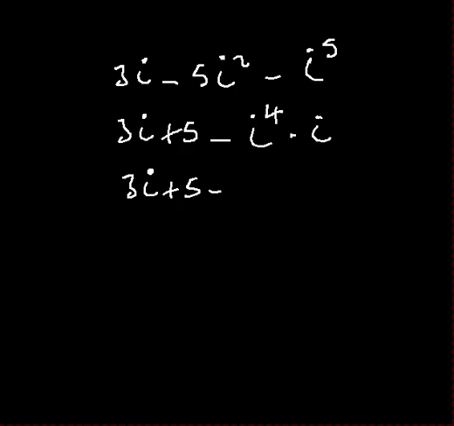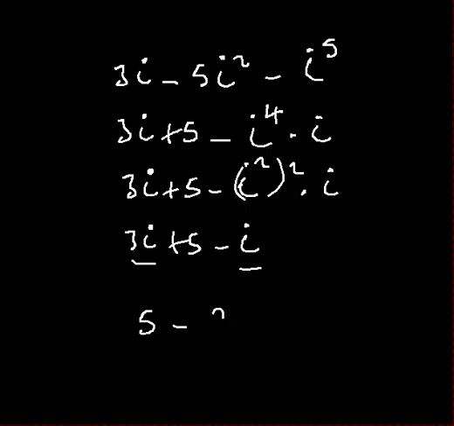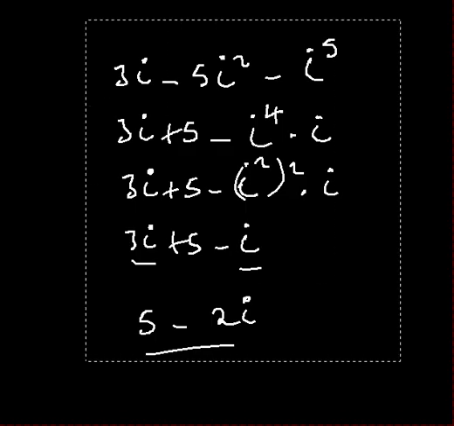And thus we should have it as i to the power 2 over the power 2 minus i, of which this is the same as -1 to the power 2, that is +1. We should have it as 3i plus 5 minus i. So from that point, we can have it as 5 plus 2i. So this is the actual answer for that.